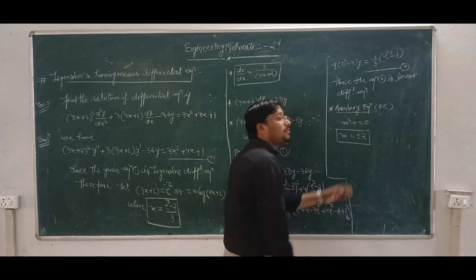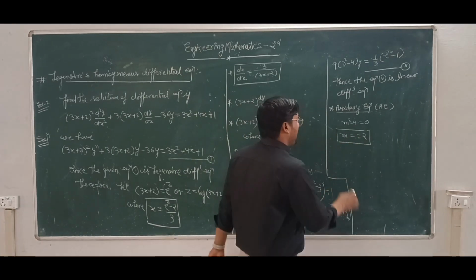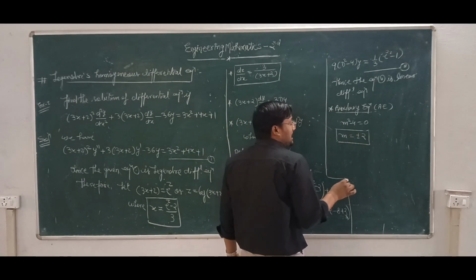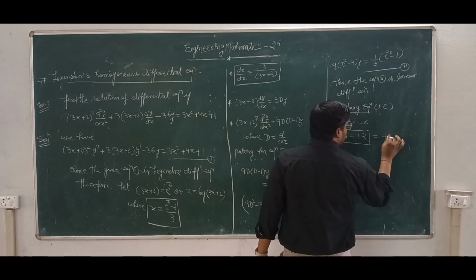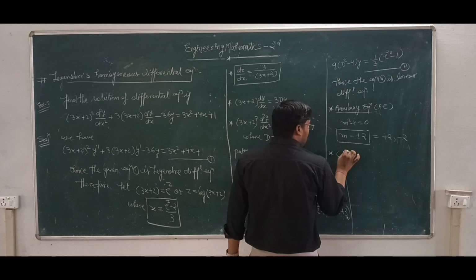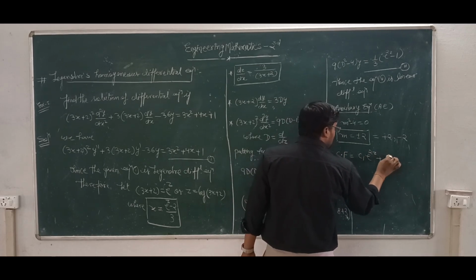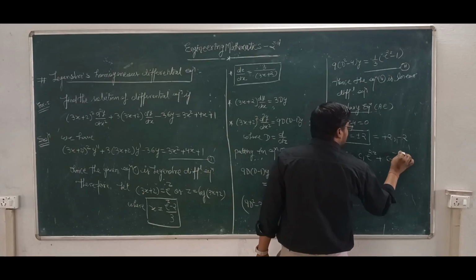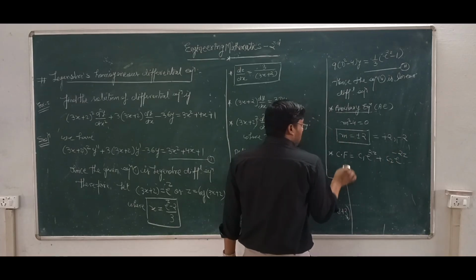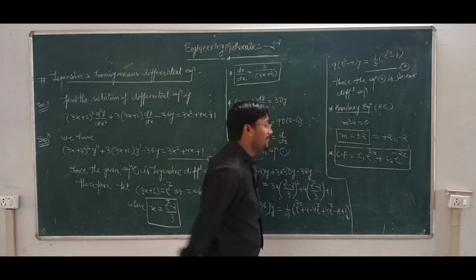There are two different roots of m: first is plus 2, second is minus 2. You can write the CF of this equation: C1 e^(2z) + C2 e^(−2z). This is your CF.